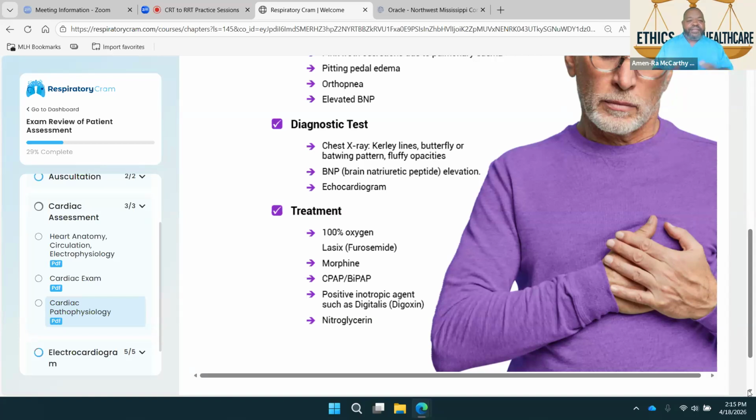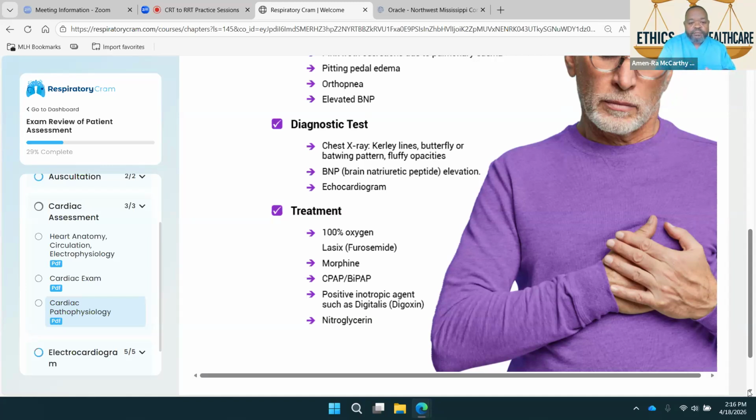Echo. Somebody else said something about echo earlier. That's right. An echo is a good test to use when we're trying to suggest or determine CHF, right? But just remember what other symptoms they give you. If you only have a choice of one thing to choose, do we put them on a BiPAP? Do we get an ABG?